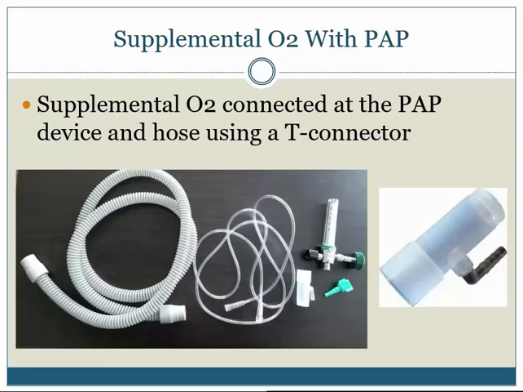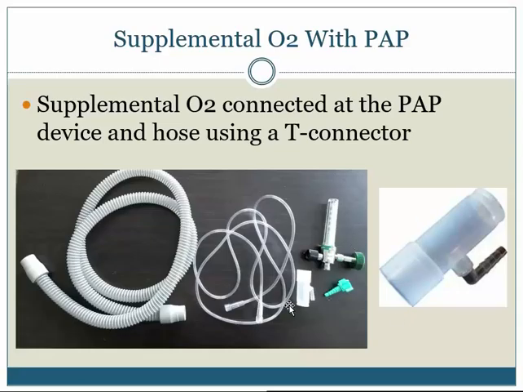Okay. Within the sleep lab, we will use the equipment pictured to what's known as bleed in oxygen to your PAP machine. You need your flow meter, a little Christmas tree to connect the tubing.